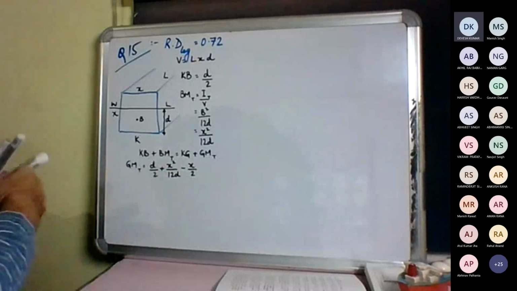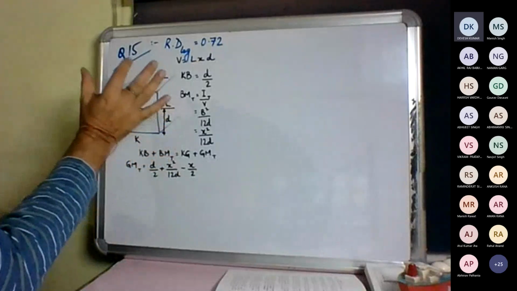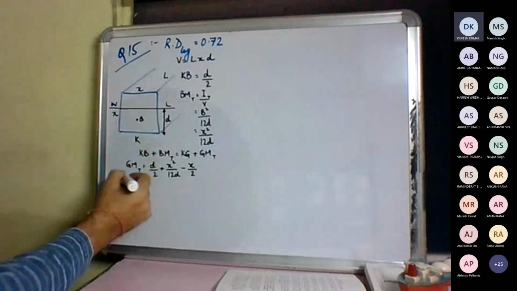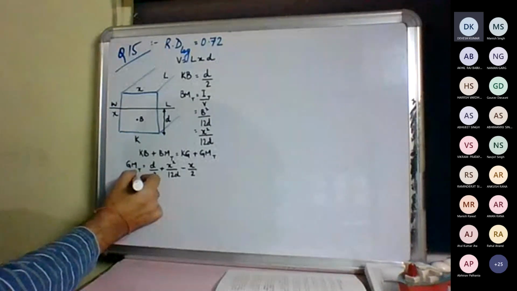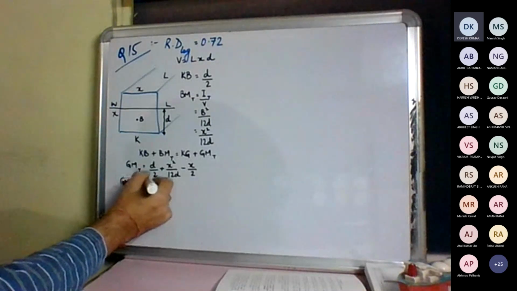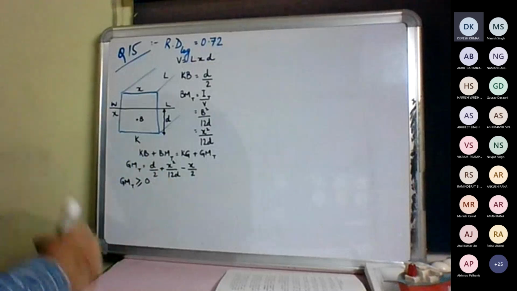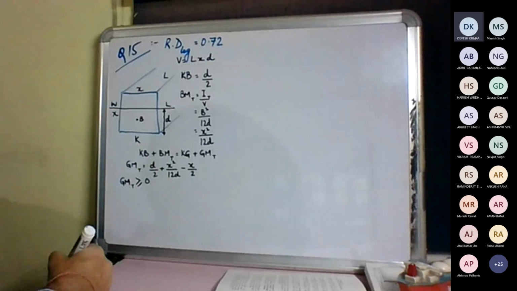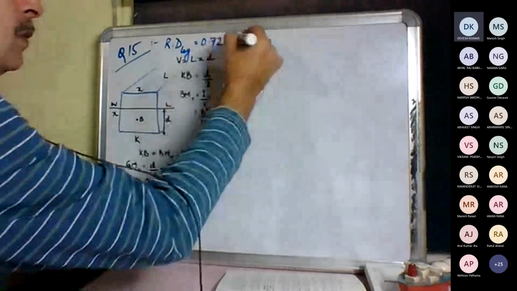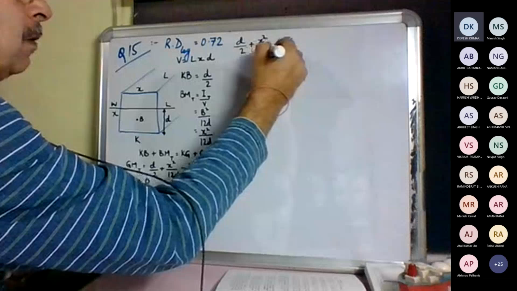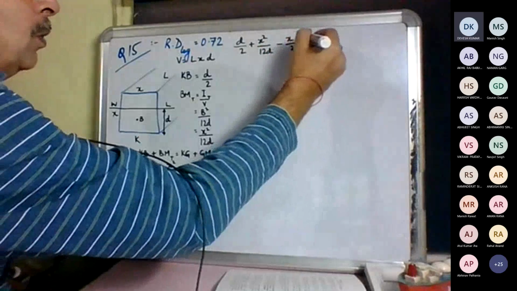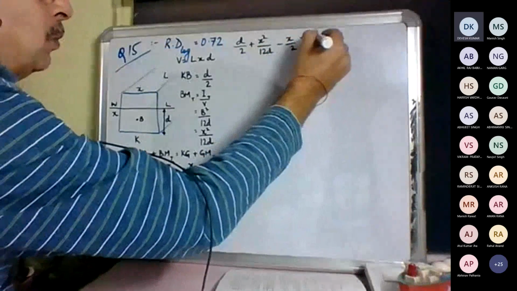So I have an equation here. This log will float upright when the GMT is greater than or equal to 0. It will float, that means GM is positive. In other words, d by 2 plus x square by 12d minus x by 2 should be greater than or equal to 0.